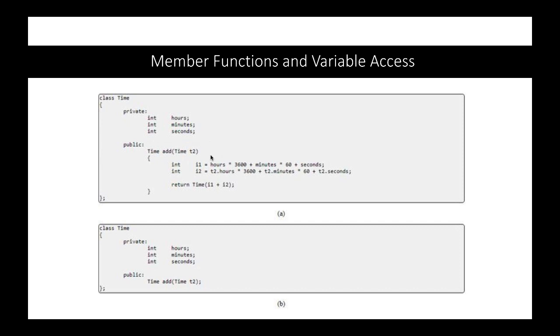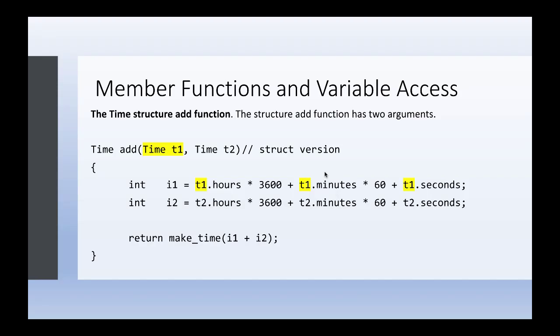So here you can see we are only using the hours, minutes, and seconds variable names instead of tying them again to a T2 or T1 or something else that'd be passed in. This is very different from how we specified it with our struct version. So we have integer I1 equals T1, the T1 that was passed in right here.